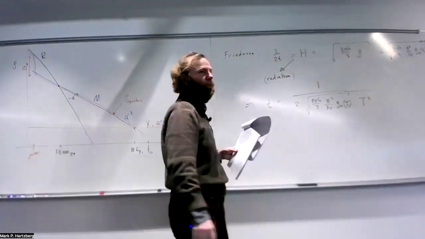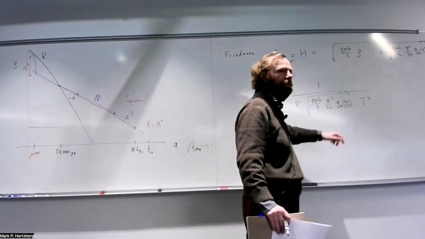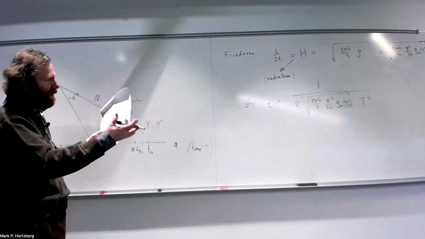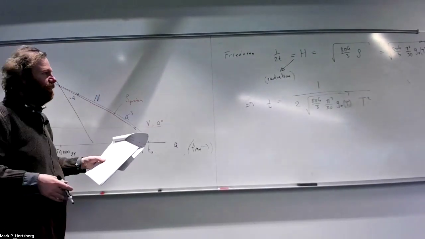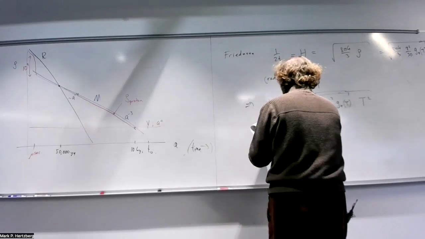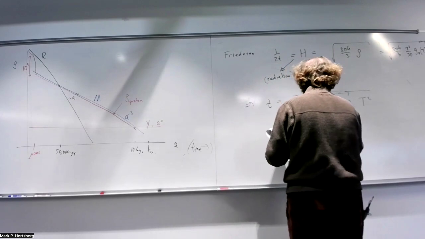So time is proportional to 1 over temperature squared, modulo some little wiggles from the g star. And to put in the numbers and make it a little clearer as to how we can connect T to time, if I just evaluate G Newton and so on, I can write this as 0.75 seconds.